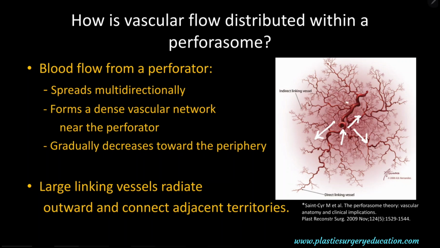As you can see in this particular area, the network is particularly dense. As we go towards the periphery, the network goes on decreasing. Two perforators are communicated by direct as well as indirect linking vessels. So large linking vessels radiate outwards and connect to the adjoining territories.